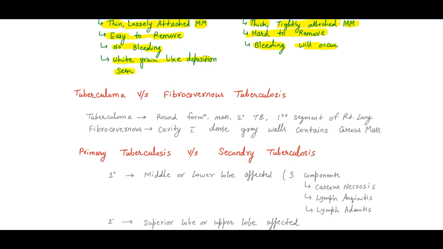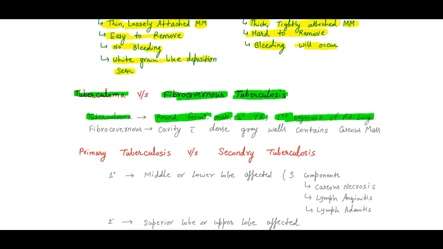Tuberculoma simply means a round formation, a mass like 5 centimeter mass. And we know it is secondary tuberculosis, in the first segment of the right lung. These are the keywords used for tuberculoma.